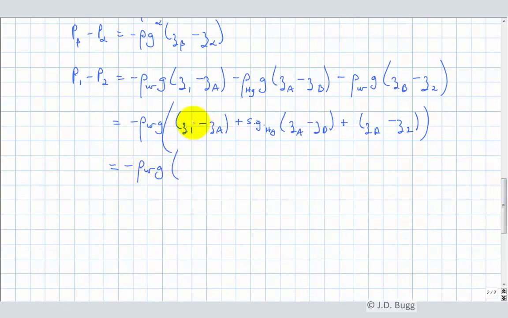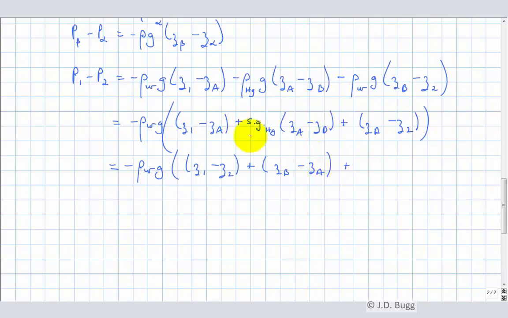If we go back to this, take a look at what we have right now. Z1 minus ZA and ZB minus Z2. Well, we can rearrange those and call it Z1 minus Z2 plus ZB minus ZA. That's the same thing.